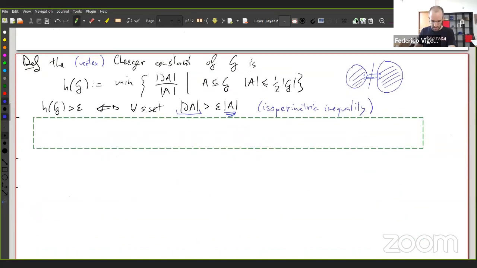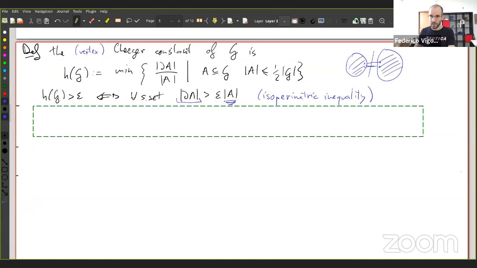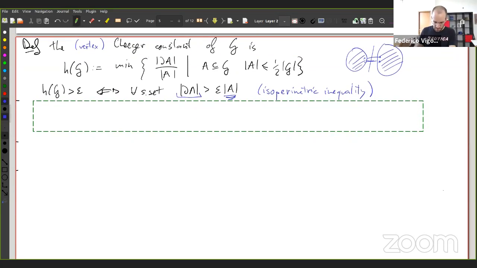Maybe I can start giving some examples. First off, as a sanity check, we claim that the Cheeger constant is a measure of connectedness of the graph. So first off, note that the Cheeger constant is equal to 0 if and only if G is disconnected.